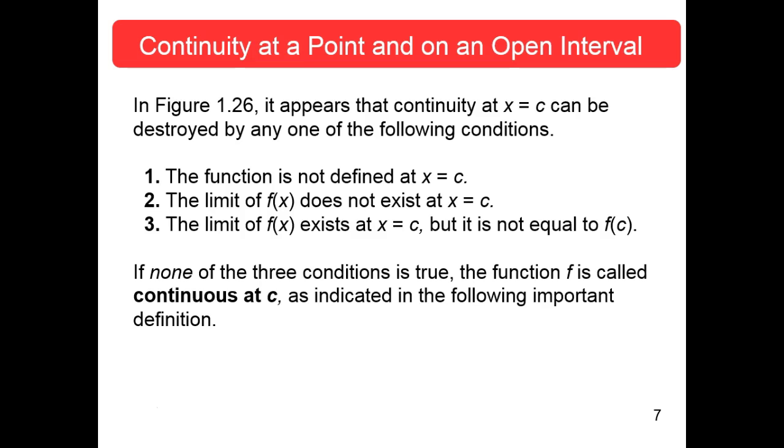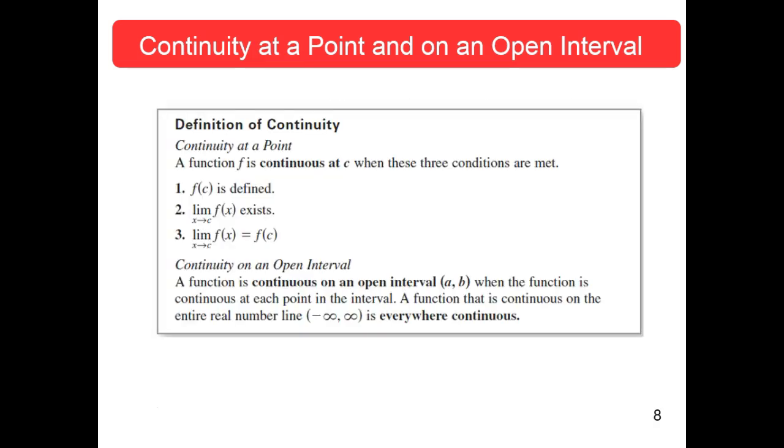Okay. If none of the three conditions is true, the function f is called continuous at C, as indicated in the following important definition. Continuity at a point. A function f is continuous at C when these three conditions are met. Number one, f of C has to be defined. If it's not defined, no, it's not continuous at C. Okay?